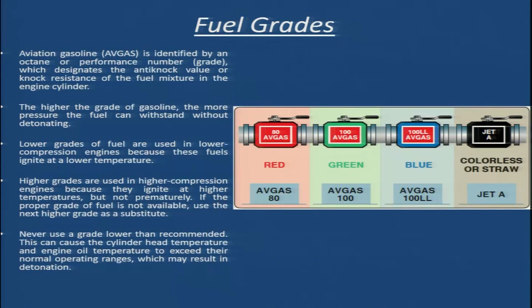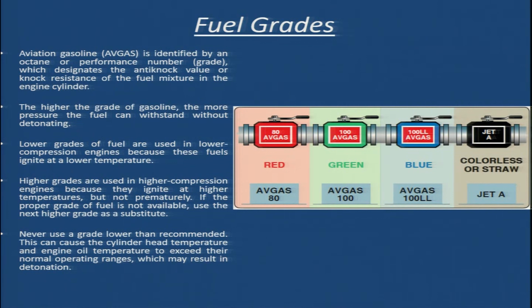Lower grades of fuel are used in lower compression engines because these fuels ignite at a lower temperature. So, in low compression engines we can use fuels of lower grades because ignition is happening at lower temperatures. Higher grades are used in high compression engines because they ignite at higher temperatures but not prematurely. If the proper grade of fuel is not available, use the next higher grade as a substitute.